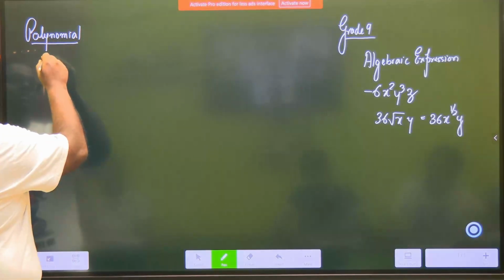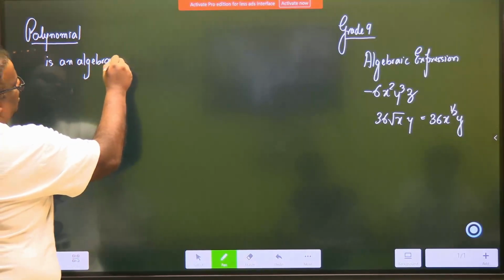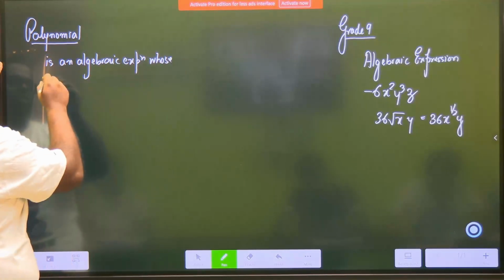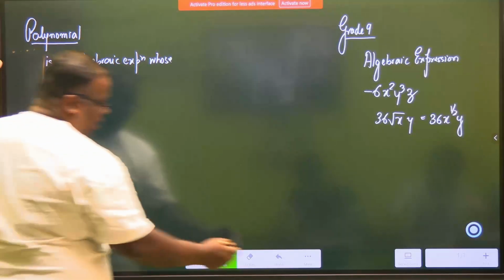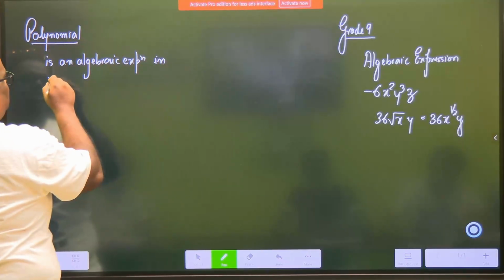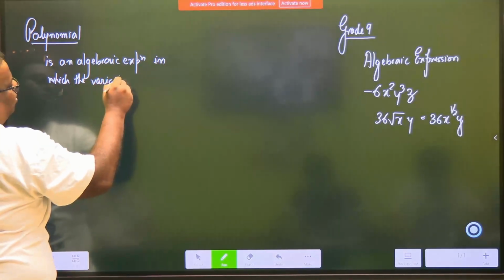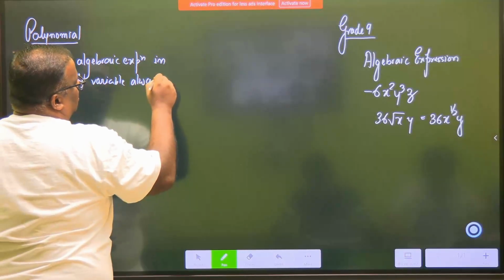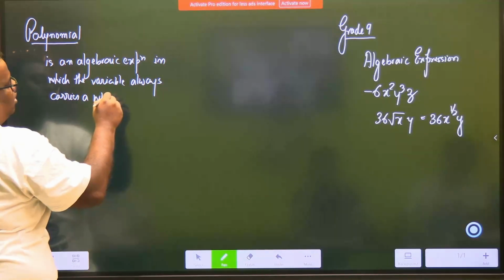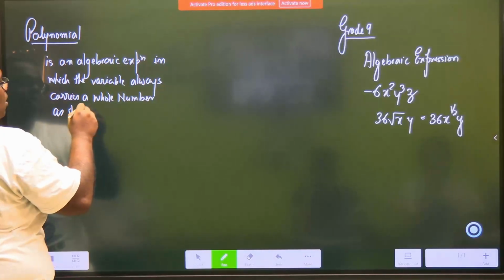Polynomial is an algebraic expression in which the variable always carries a whole number as its power.